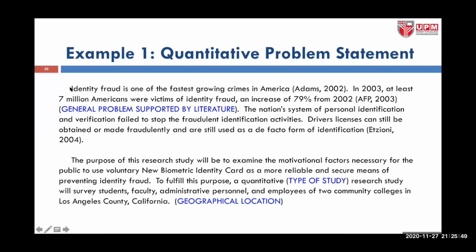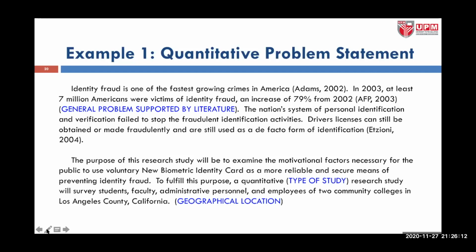Okay, of course the problem, maybe in the problem, the general title is about identity fraud issues in America. Right? So basically the system under study.